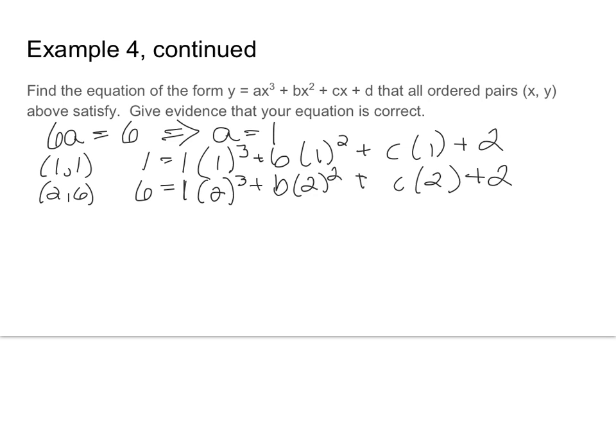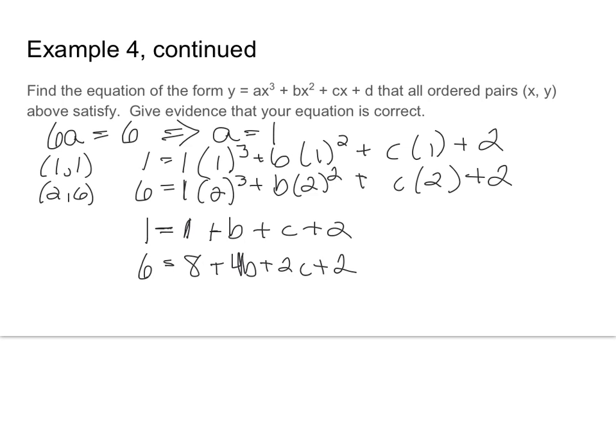All right, I'm going to simplify these. I'm going to write my first equation first again. 1 equals, we're doing some basic algebra here, 1 plus b plus c plus 2. The next equation simplified is 6 equals 2 cubed, 8, plus 4b, 2 squared is 4, plus 2c plus 2.